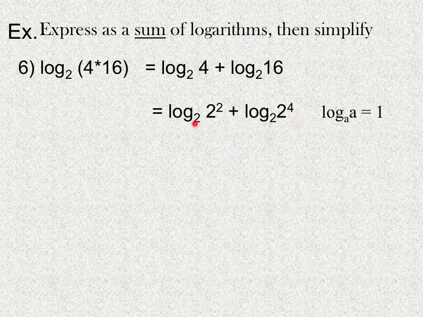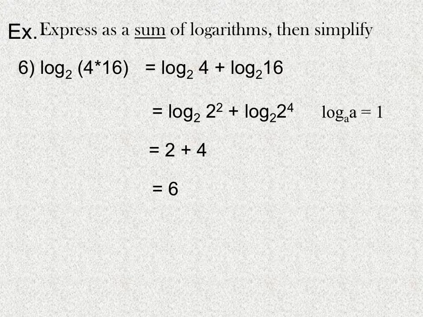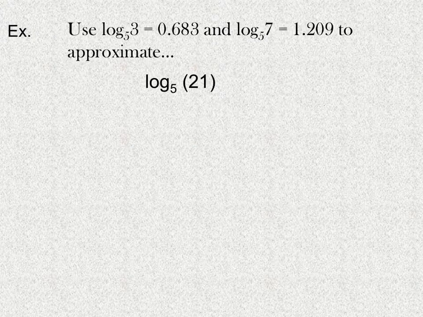So we can rewrite those like this. And I think you can guess what's going to happen. These numbers can be brought to the front using the power property. And so you end up with just 2 plus 4, and of course you get 6. So this would be one type of simplification problem that you might encounter in the homework.